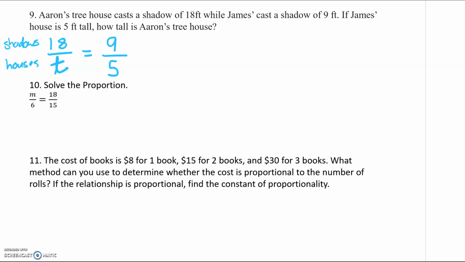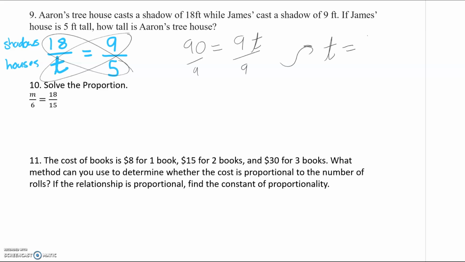So 18 times 5 is going to give us 90, which is equal to 9t, and then we divide by 9 to get t is equal to 10. So that's Aaron's treehouse is 10 feet tall.